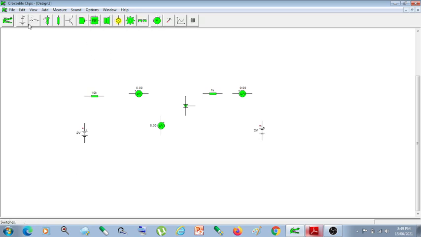So ground is, it's not here. So where is the ground?